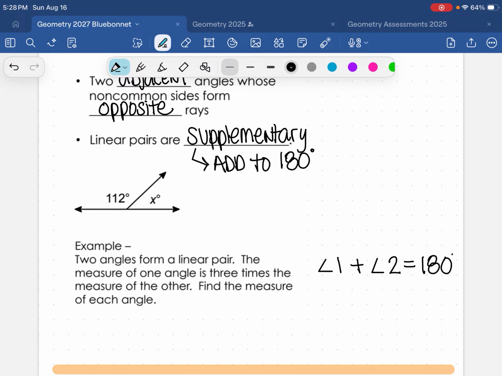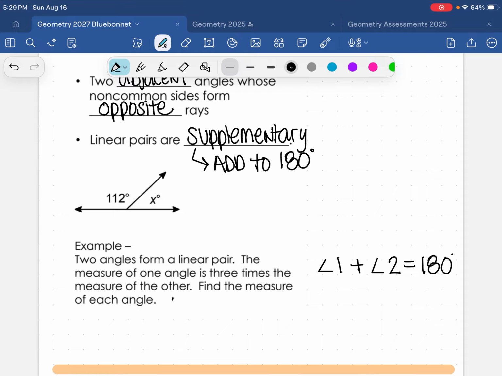Angle 1 plus angle 2 equals 180 degrees. I'm using angle 1 and angle 2 as their names because the problem itself did not name them like our previous examples did. So it's okay to call them angle 1 and angle 2 or angle A and angle B. You could use whichever nomenclature you'd like.